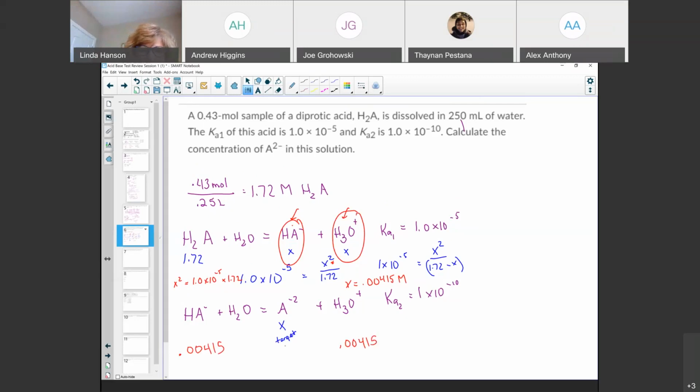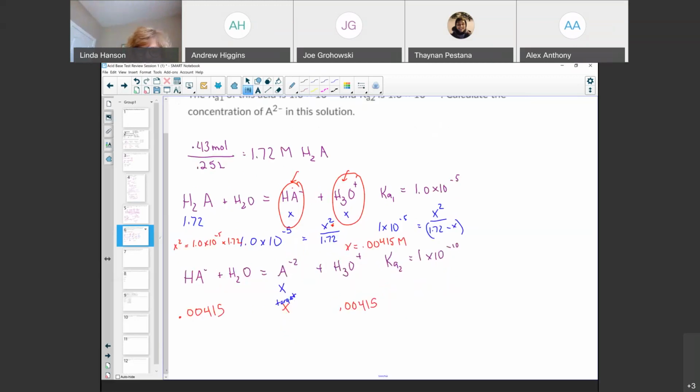What we're looking for now is X, the A-2 number. Ka2 is set equal to the value of A-2, times the value of the hydronium ion, over the concentration of HA negative.